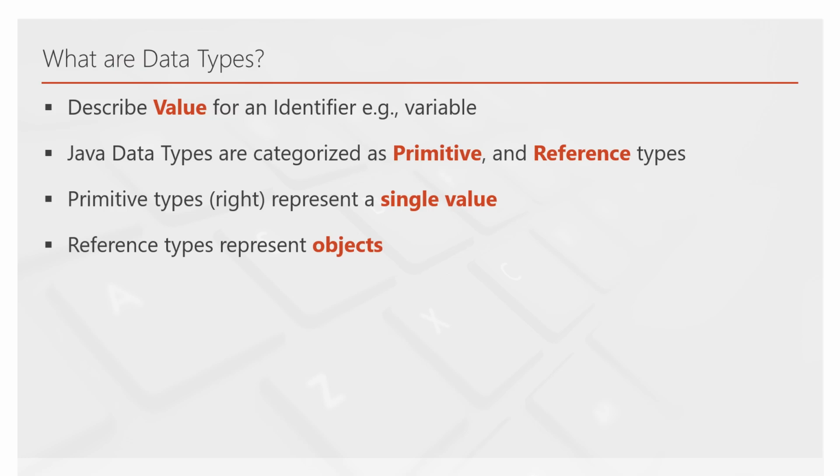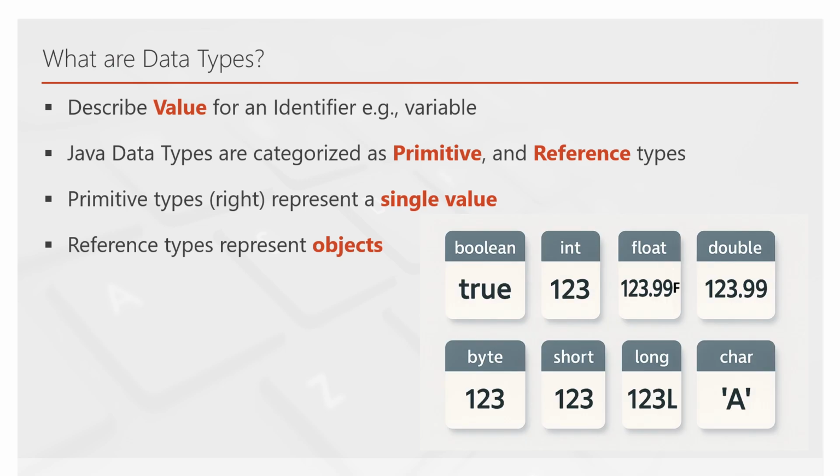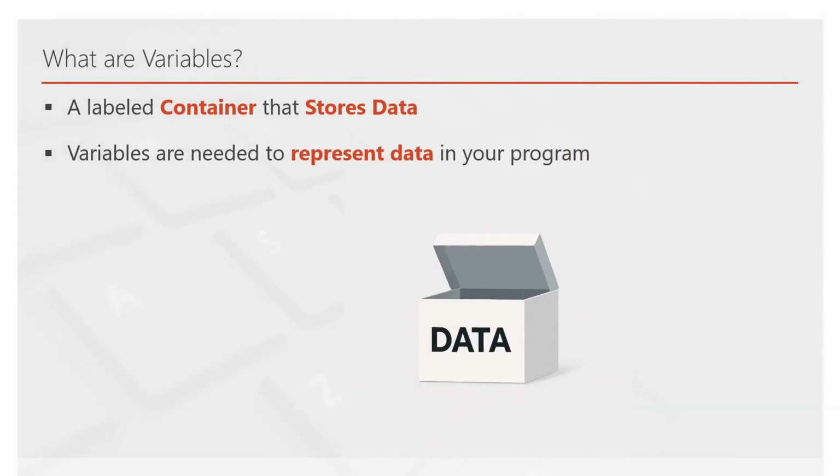Java data types are categorized as primitive and reference types. Primitive types represent a single value, such as a number or a character, and reference types represent objects. A variable is a labeled container that stores data, and variables are needed to represent data in your application.